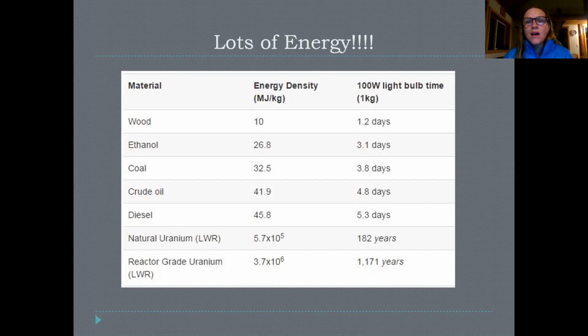So this is orders of magnitude more energy dense compared to the other kinds of fuels that we're talking about. So in terms of energy efficiency, this is a really effective way of producing a lot of energy quickly and in a small space without needing access to a lot of material to create that energy.